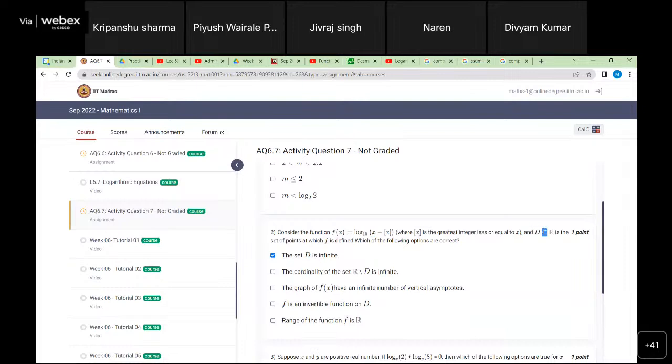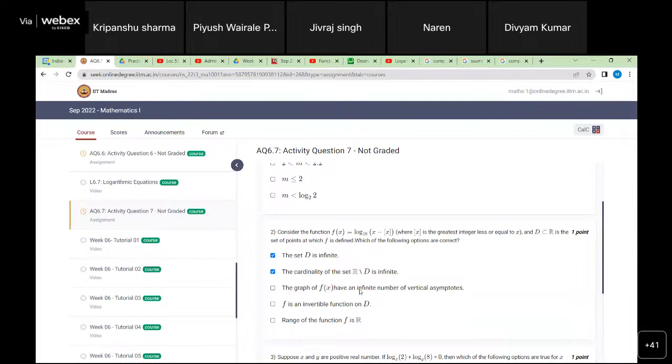Yes, that is correct. But we have to check that it is a subset of all real numbers, right? So the set will be infinite only. We're finding the cardinality of that particular set, not the value. So the set is infinite, meaning the cardinality of set D is infinite, which is also correct.